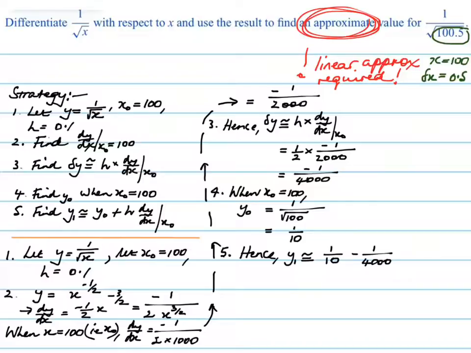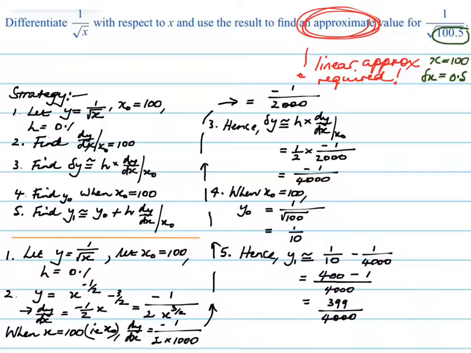And that's it, folks. Now we've just got to simplify it a bit. I'm going to use the LCM of 4,000, the lowest common multiple. I multiplied the first term by 400 over 400 to make the denominator 4,000, and I got 400 over 4,000 minus 1 over 4,000. And you get 399 over 4,000.